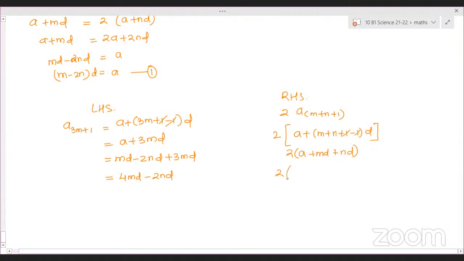So substitute the A value: mD minus 2nD plus mD plus nD. mD plus mD is 2mD, minus 2nD plus nD is minus nD, times 2 outside. So it is 4mD minus 2nD. So both RHS and LHS are equal. Hence proved.